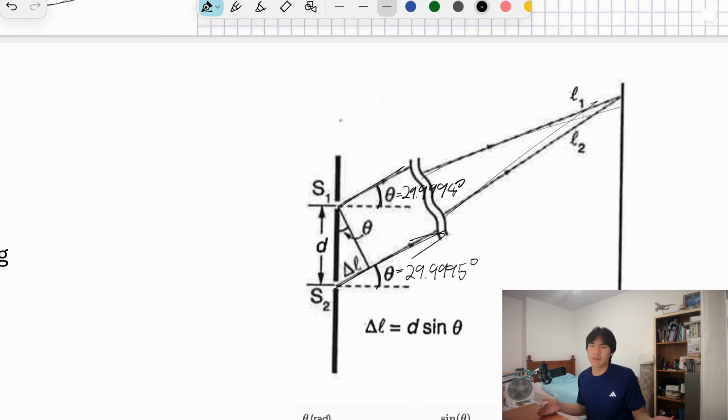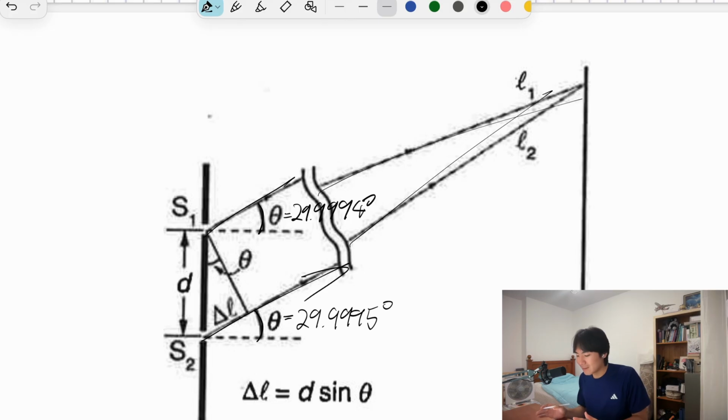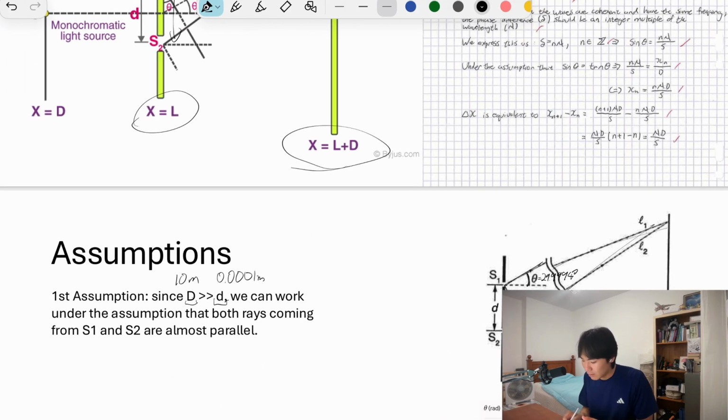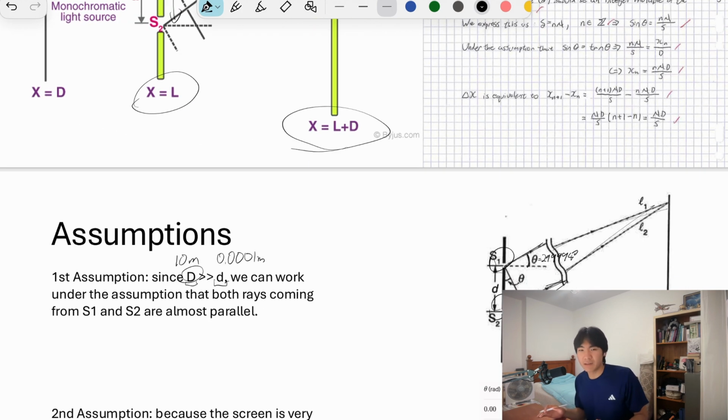For instance, in the questions you're never going to be given angles, but I'm just saying this for you to understand. They may have a very small difference in angle, but we can assume they're so similar, because the distance between the screen and the slits and the distance between the two slits are orders of magnitude different, 10 to the power of 3 to 10 to the power of 5.